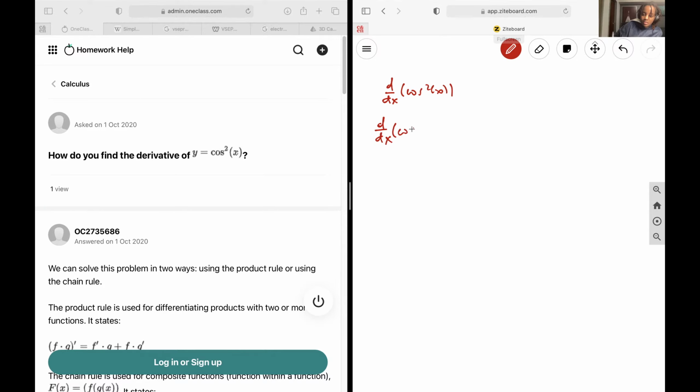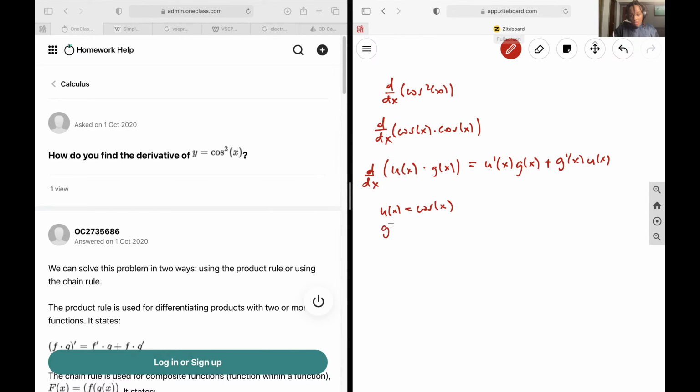First, we can see this as cos x by cos x, and we know that the derivative of u, so some function of x by another function of x, is going to be the derivative of the first one, you leave the second one alone, plus the derivative of the second one, and this time we leave the first one alone. And so if u of x is equal to cos x, and g of x is equal to cos x, both of their derivatives will be negative sin x.